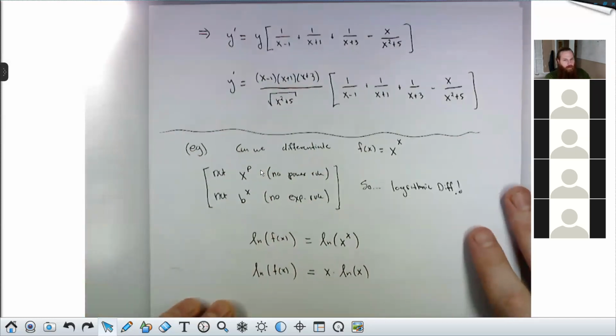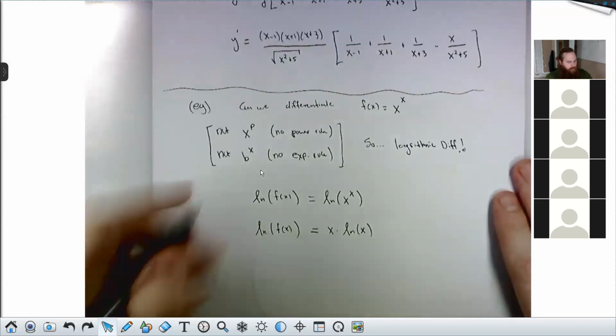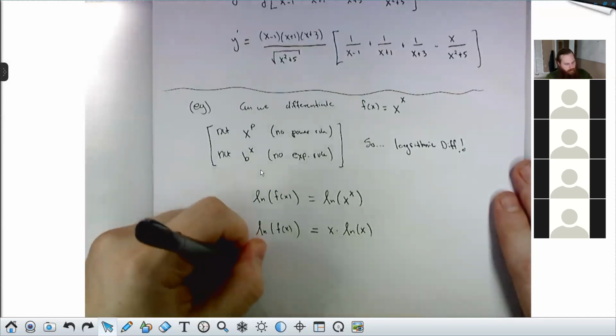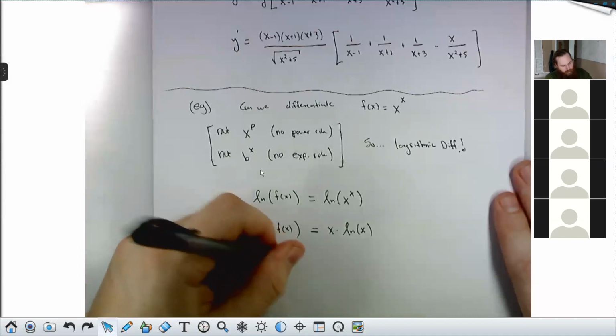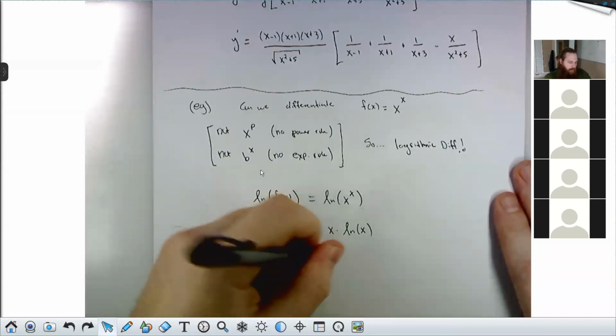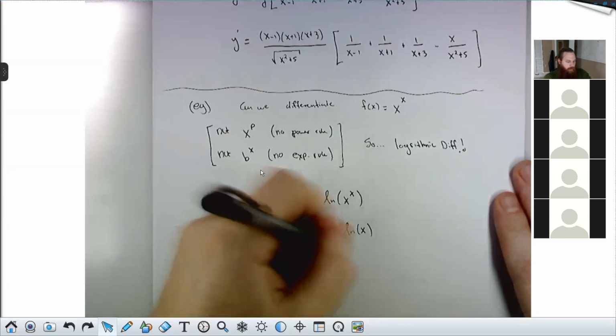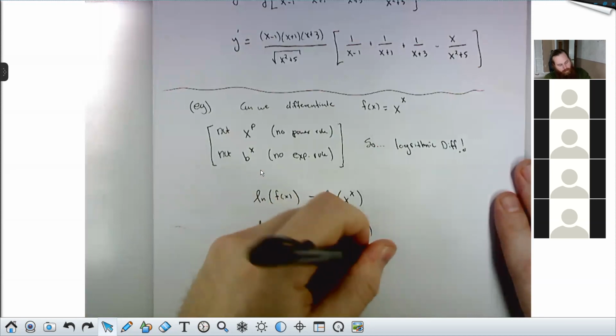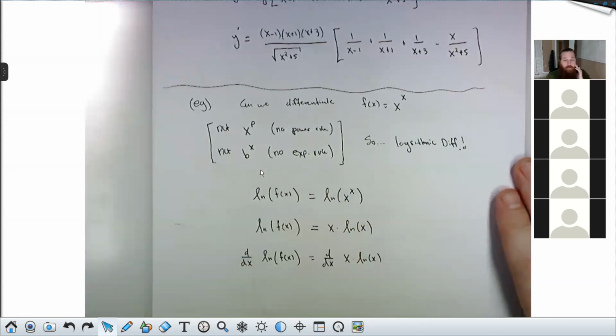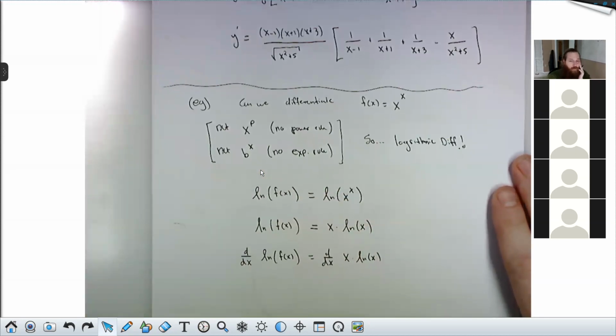And now I differentiate implicitly on both sides. I do need a product rule here. I can't escape it, but it's not a bad product rule on the right.